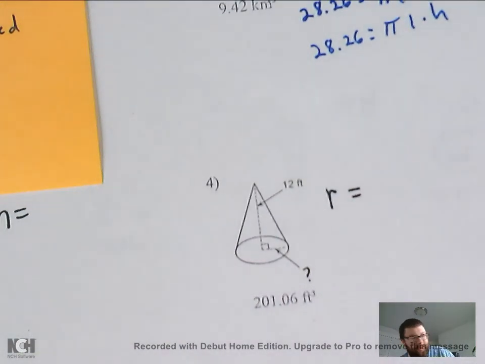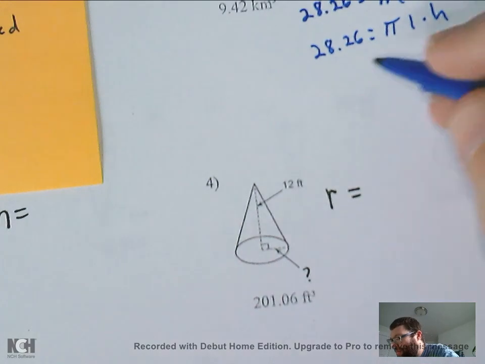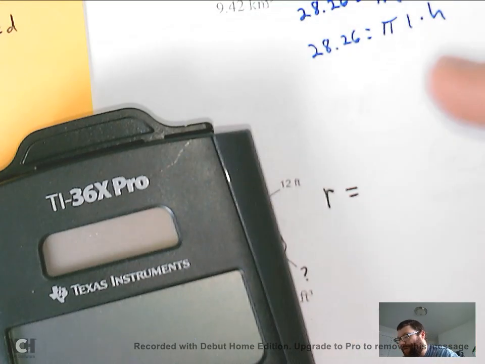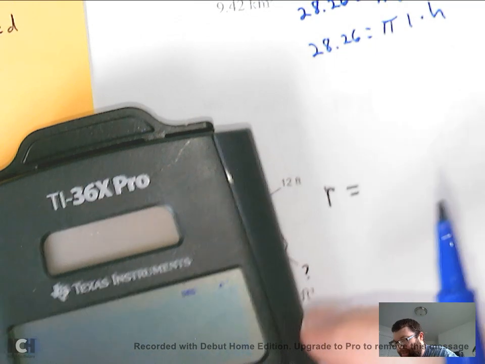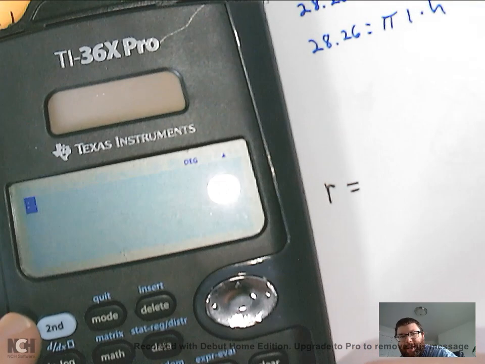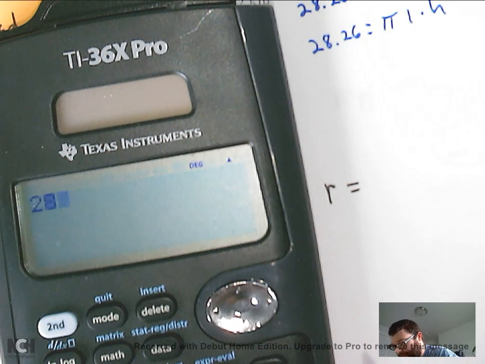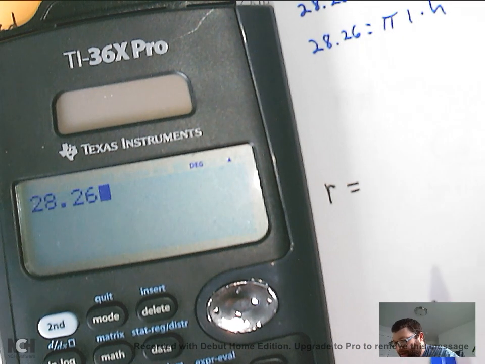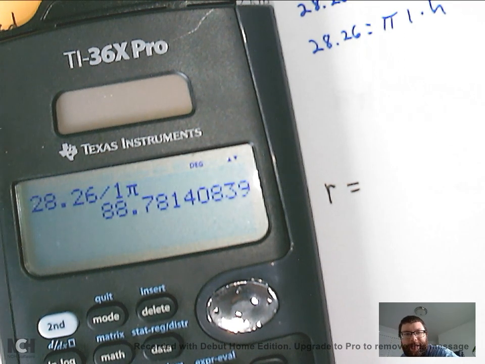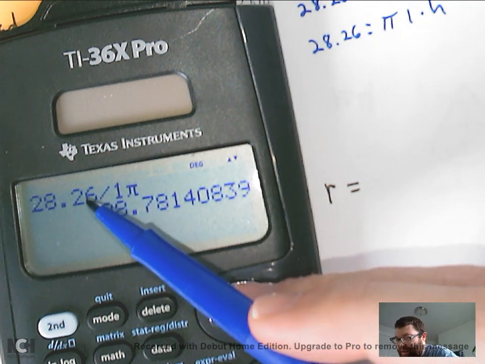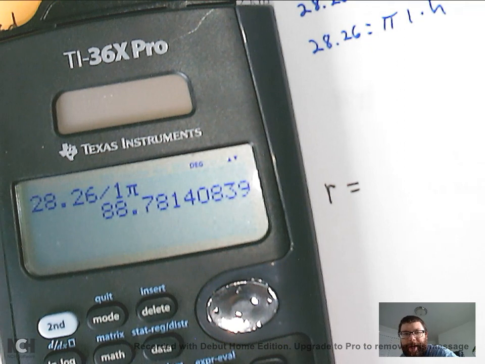Okay, so now the last step is just to divide by the squared radius and pi. You can do this 2 ways. You can divide them individually, so you can divide by 1 and then divide by pi. Or you could divide them together. Dividing by 1 is not going to really change anything, but you do have to be specific if you're going to divide them together. If I want to divide 28.26 by 1 pi and I just type 1 pi, I'm going to get a wrong answer. Because what the calculator actually thinks you're saying is divide this by 1 and then times pi.